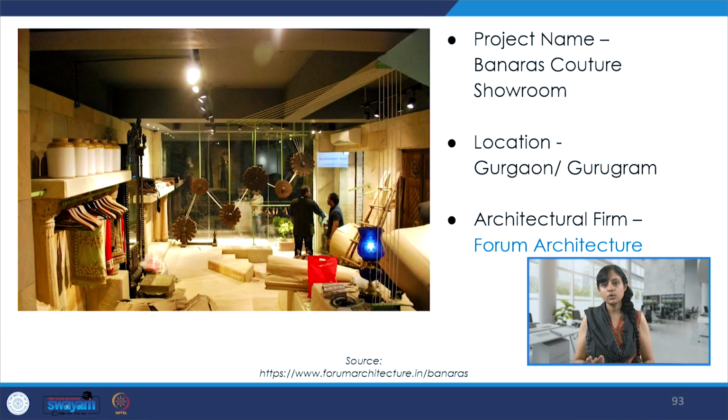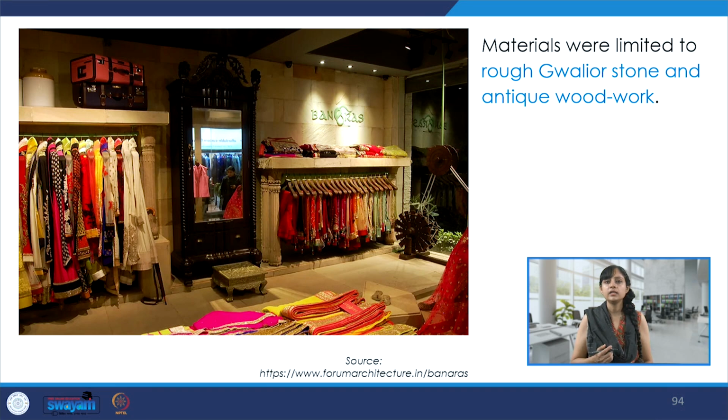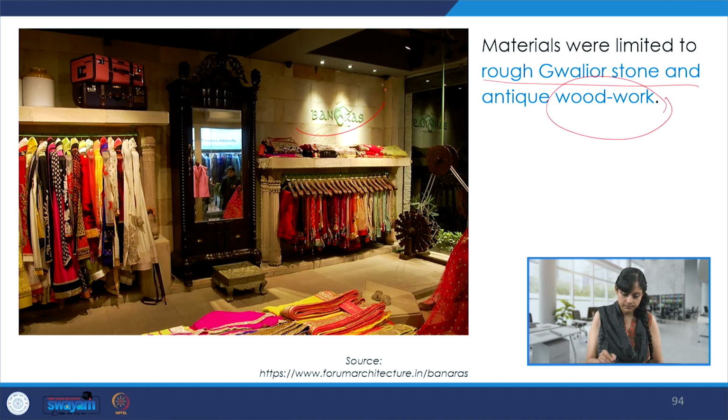Then there's a commercial project from India, and this one is in Gurgaon, and this is a couture showroom. And here again there is very interesting use of material palette. So there is a rough Gwalior stone, there is antique woodwork that we see over here.